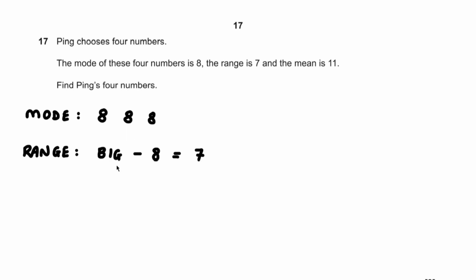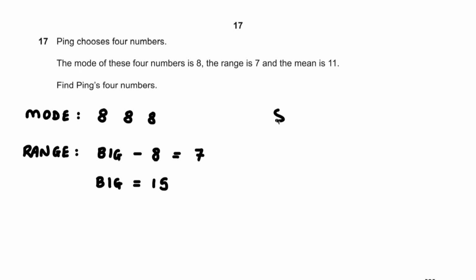Now why is it that 8 will be the smallest number? That's because the mean is 11, so my other number needs to be greater than 8 essentially. So my biggest number in this case is 15. 7 plus 8 is 15.